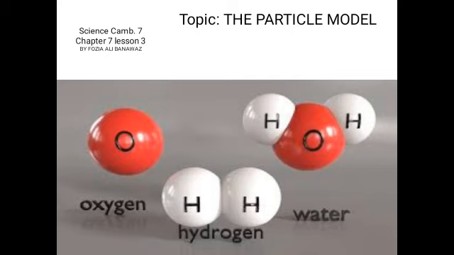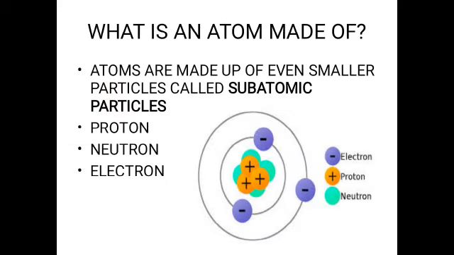Now today we are going to understand what is inside an atom, or what an atom is made up of. Atoms are made up of even smaller particles called subatomic particles: protons, neutrons, electrons. These subatomic particles were not dreamt up.